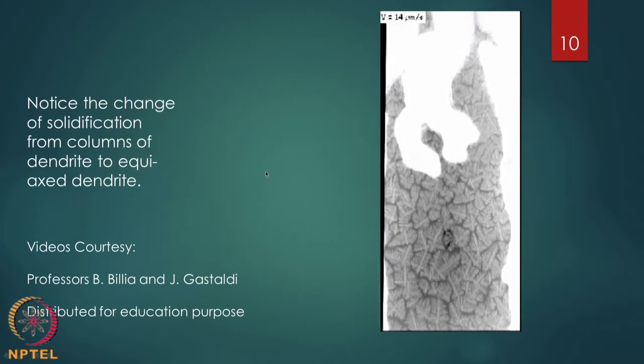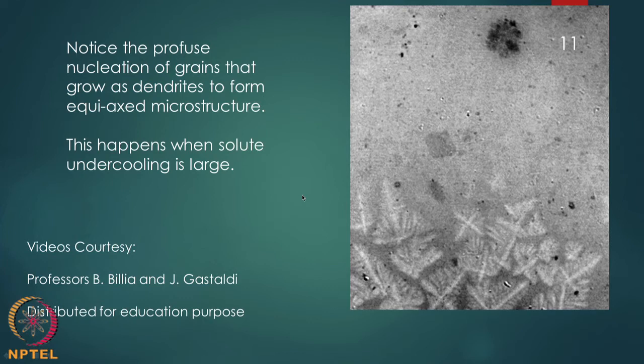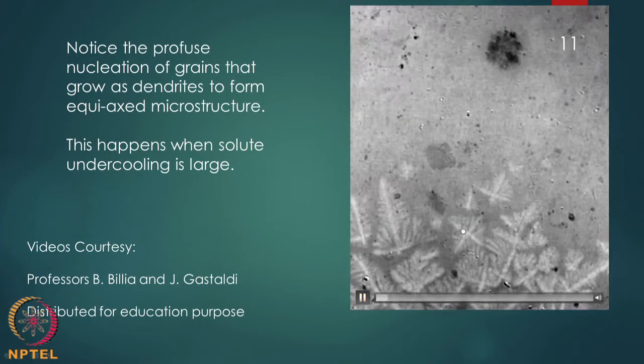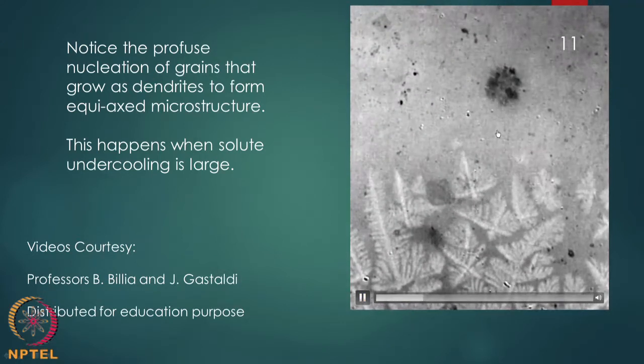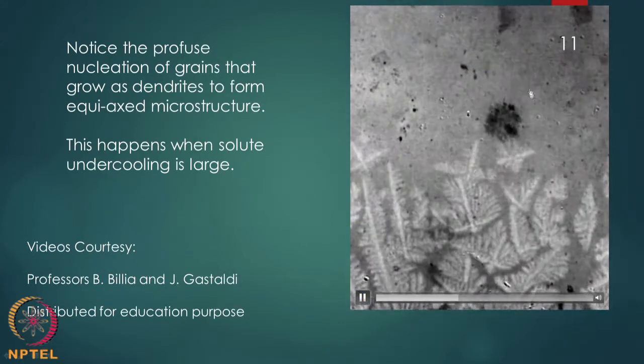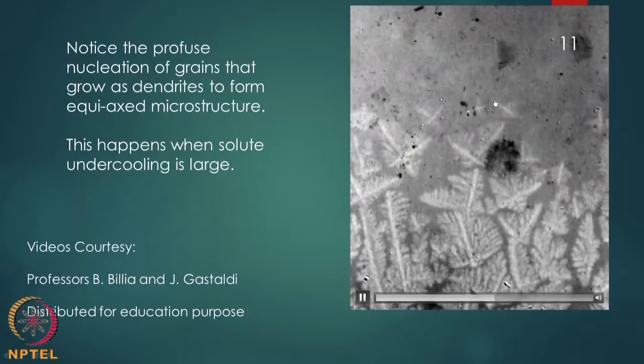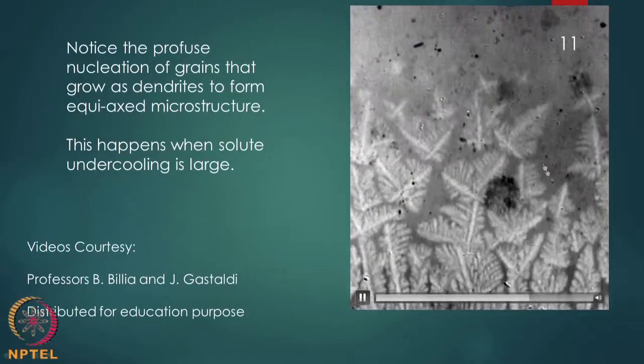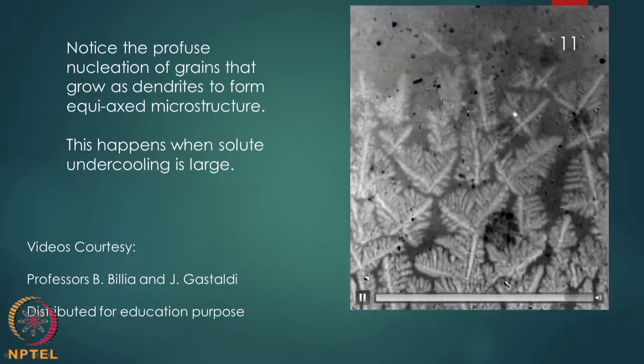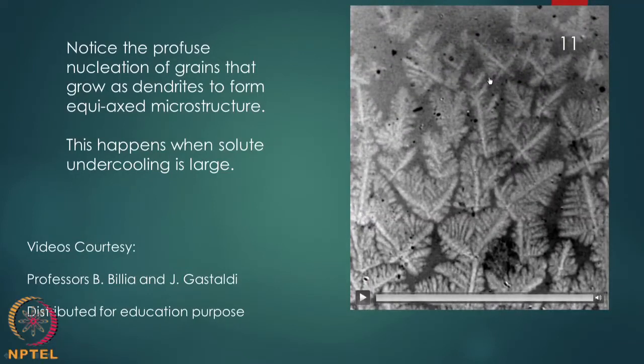We can look at this equiaxed mode again a bit closer in a smaller domain by enlarging it, and you can see that essentially in the liquid these dendrites are being nucleated, and then they are growing up to a particular extent and then settling down, and each of these dendrites may be becoming one grain, and because they are growing roughly equal in all directions, you see them as equiaxed.